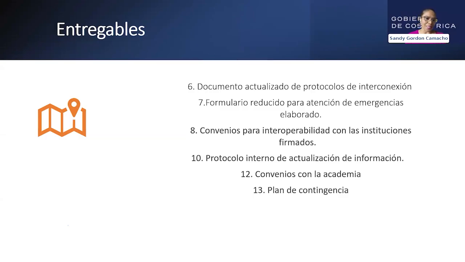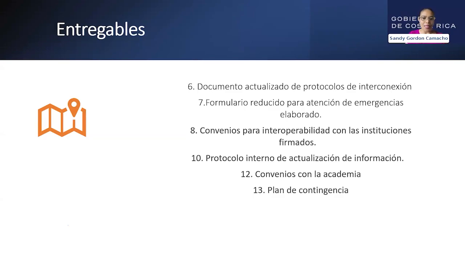We need to have also an internal protocol for updating information, because, of course, this is not done after a crisis. We still have all the population, elderly people, poor people, and so we need to adapt ourselves.